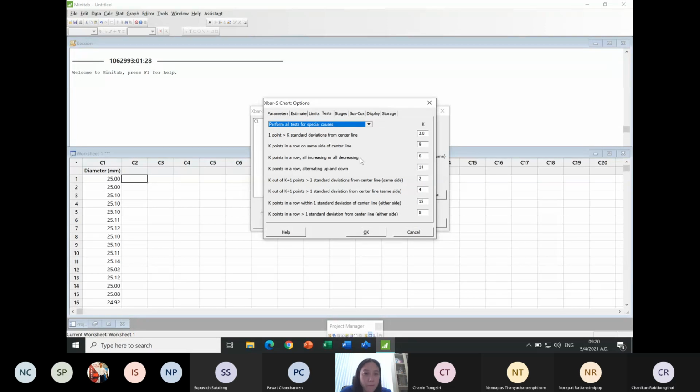Number 4, 14 points in a row alternating up and down, so this is called cycle, the name of the test is called cycle. Up to this point we have seen 4 rules, or 4 tests, and these 4 rules are what we call non-zone rules because they do not require us to separate the areas of the control chart into zones.